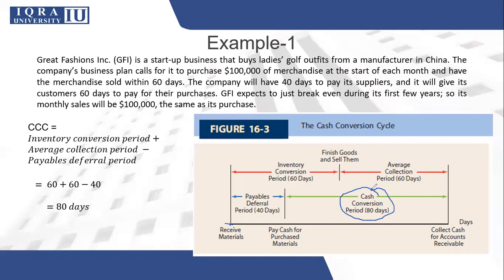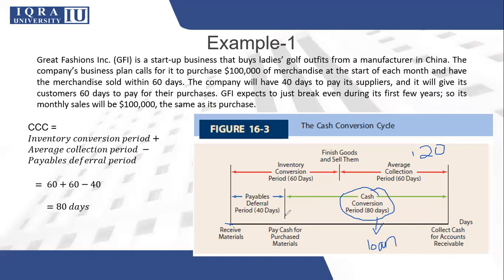This is your cash conversion cycle, and it is important because it tells you that you will get cash after 120 days, but you have to make payment to your suppliers after 40 days. That means for 80 days, you will have to take on a loan, because you need to pay your suppliers after 40 days.